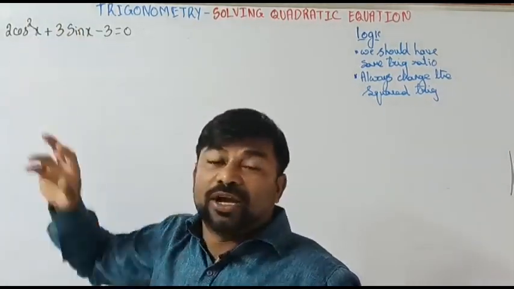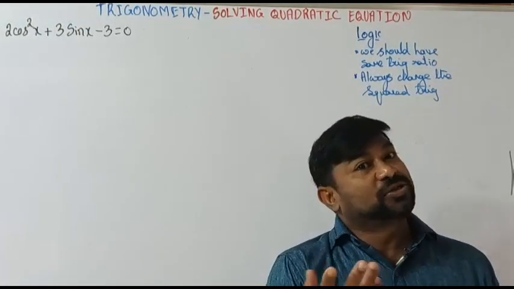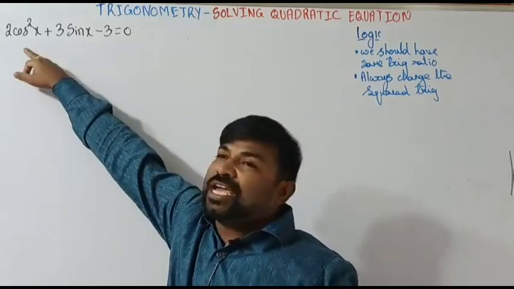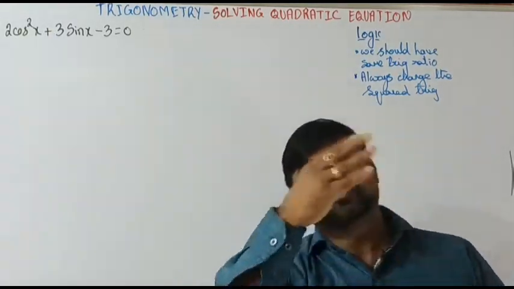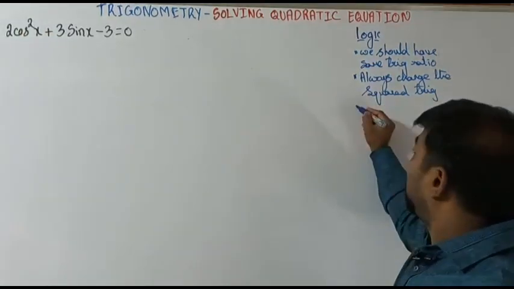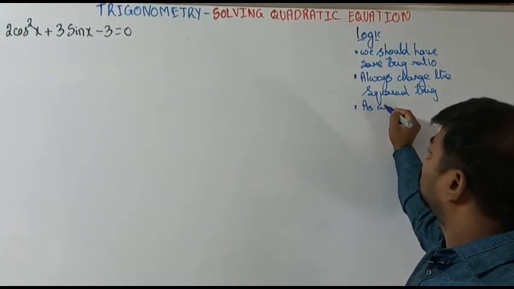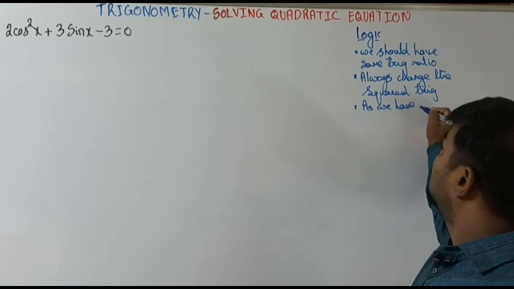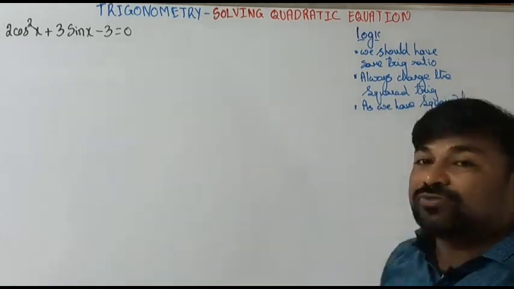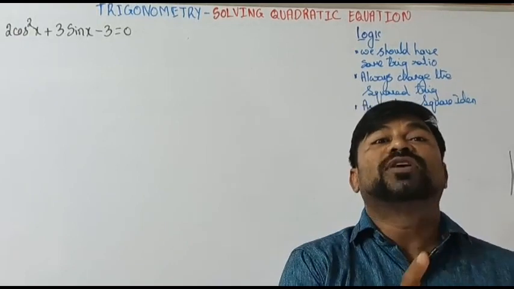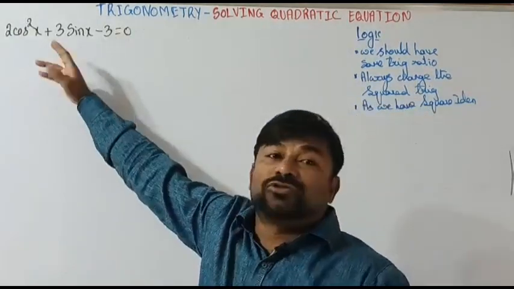Why? Because we are having square identities if you remember. So, change the cos square into sine. Change the cos square into sine. Why? Because, as we are having square identities, always change the squared trig here.